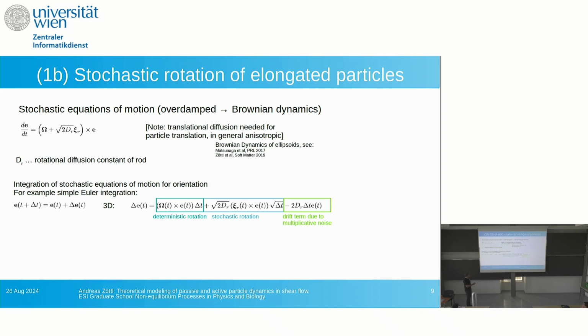And there is just a technical note. There is also another small extra term, which is a drift term due to multiplicative noise, because here you multiply the noise with the director, and then you get this extra drift term.